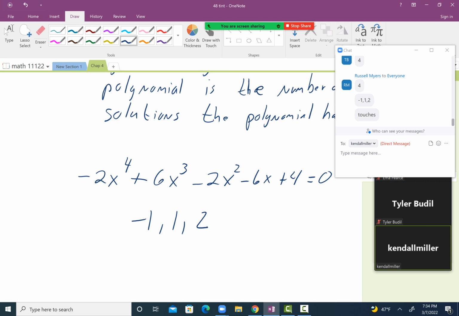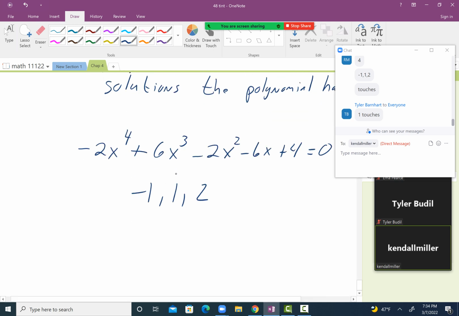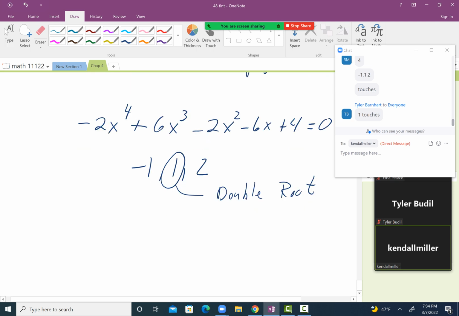Nothing crazy. Which one has a multiplicity? 1. So that one, remember, if it's coming down and touching and bouncing off, that's a double root, so that counts as 2. Okay, so then I have 4.